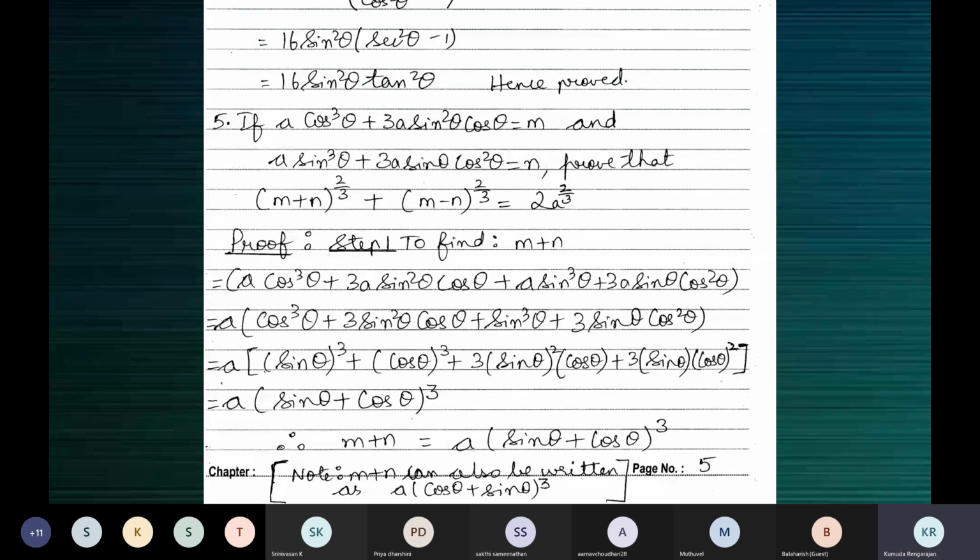Now one of you read from your book. What have you written? A cube plus B cube equals... No, you didn't start it correctly. What is that, Priyadarshini? A plus B the whole cube is equal to A cube plus B cube plus 3A square B plus 3AB square, ma'am. Very good. The next one.